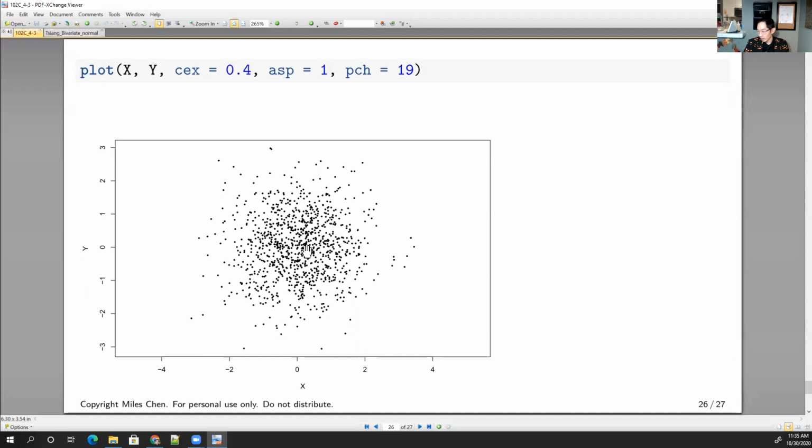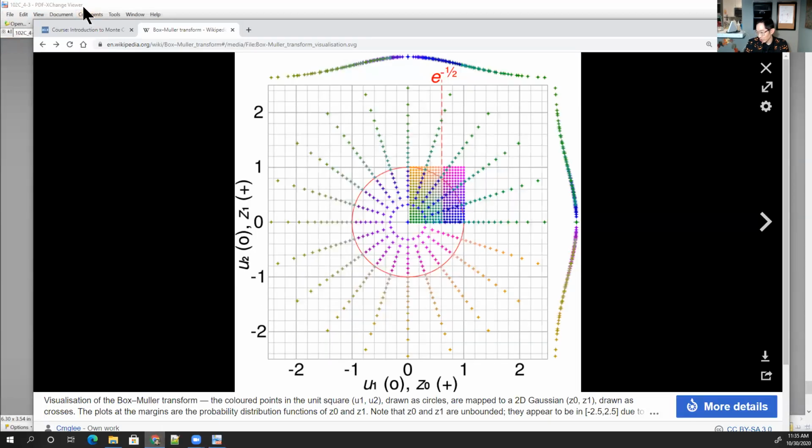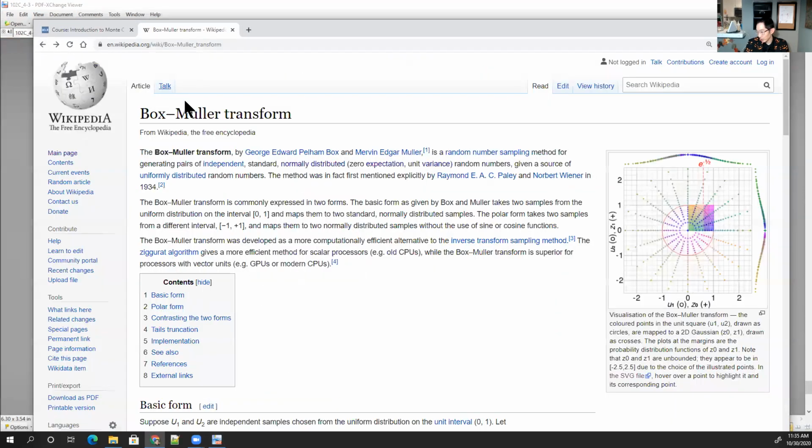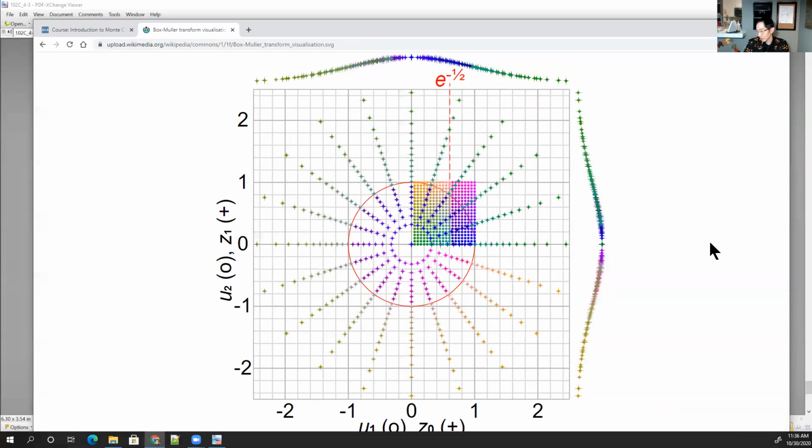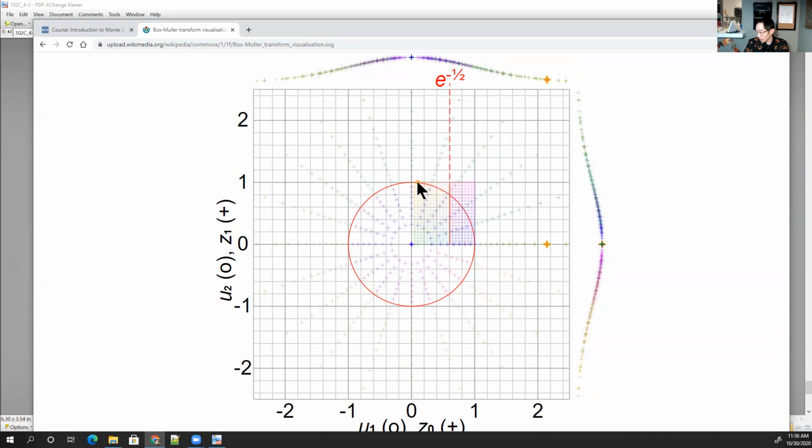Right? There is a very cool picture on Wikipedia. If you look up the Box-Muller transform on Wikipedia, this picture is really cool. So let me do this. This area over here represents u and v going from 0 to 1.